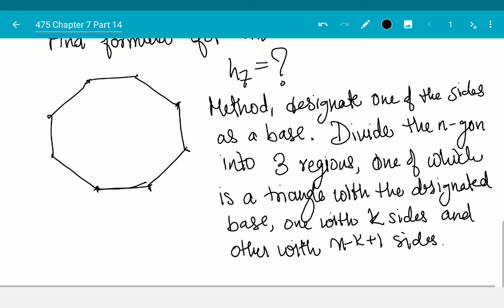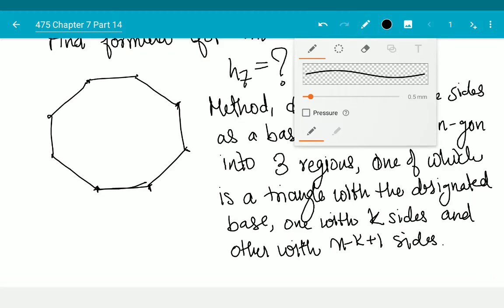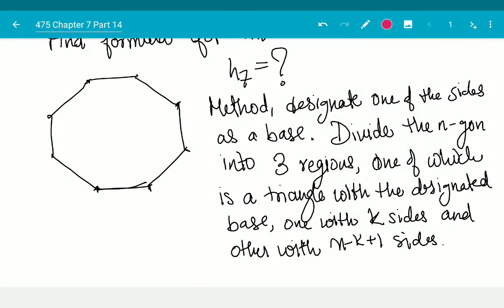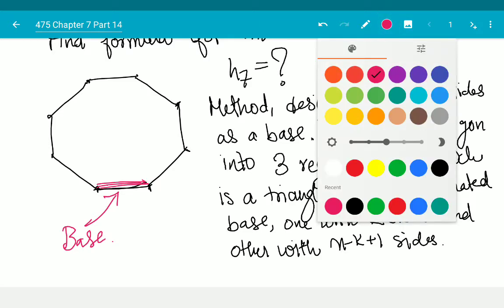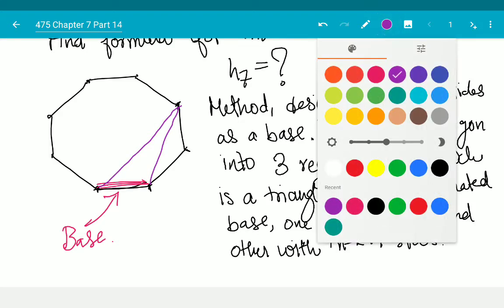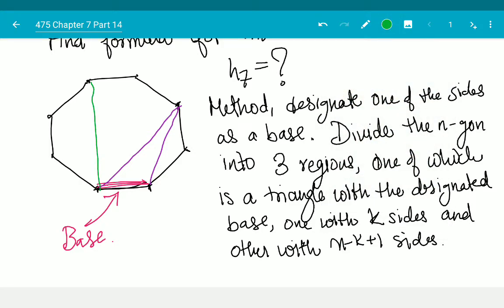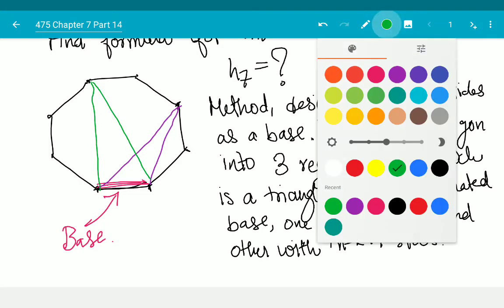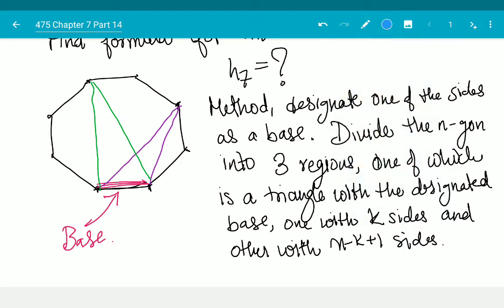Okay, so how are we going to do this? For example, in this case, let's say this is my base. Then what I can do is I can either divide it this way or this way, or maybe this way.